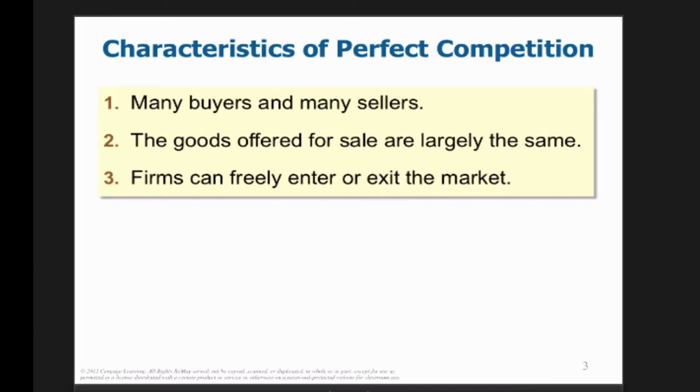All right. Firms can freely enter or exit the market. What would be an example of one that couldn't freely enter or exit? How about the market for pharmaceuticals? You can theoretically freely enter and exit, but there's a lot of regulations.